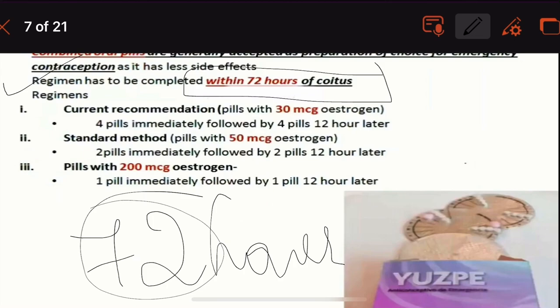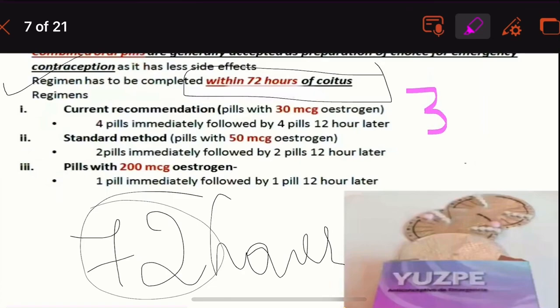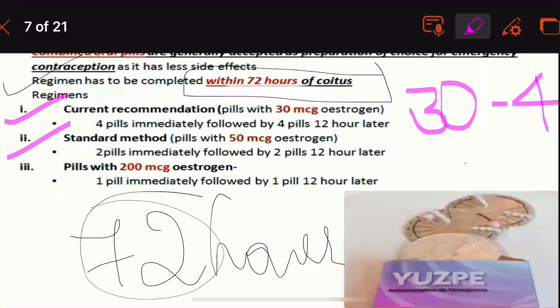The current recommendation: pills with 30 mcg of estrogen. In cases of 30 or 35 mcg of ethinyl estradiol, they have to take 4 tablets immediately and 4 tablets after 12 hours. Then moving on to the standard method.